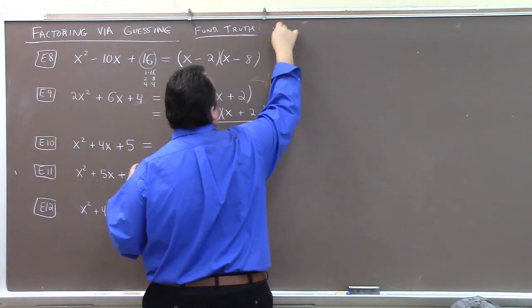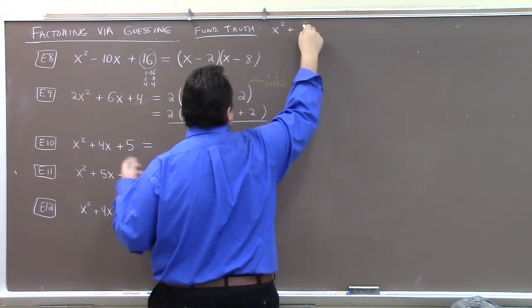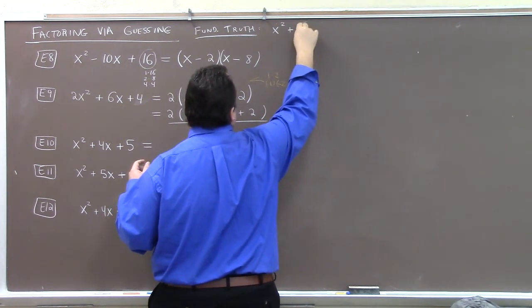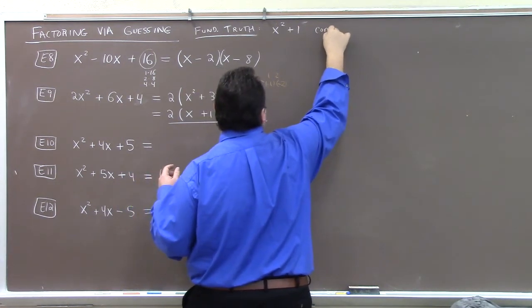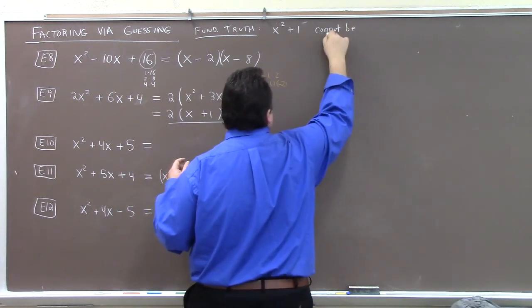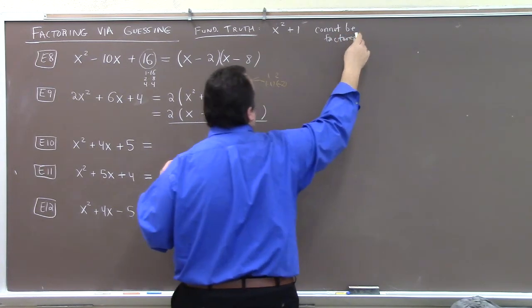If you have x squared plus something, right? Let's just think about it this way. X squared plus 1 cannot be factored over the reals.